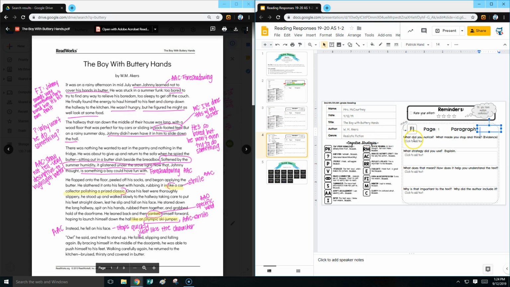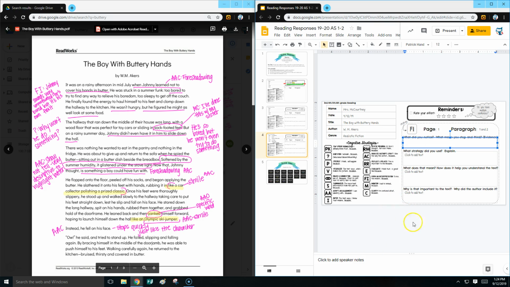So right here it says, what do you notice? What made you stop and think? And the paragraphs, I'm going to say 1 and 2, because it's this paragraph and this paragraph. So here, it's my job to write evidence. Now, I want to make sure that I put in some background information so that people know what I'm talking about.